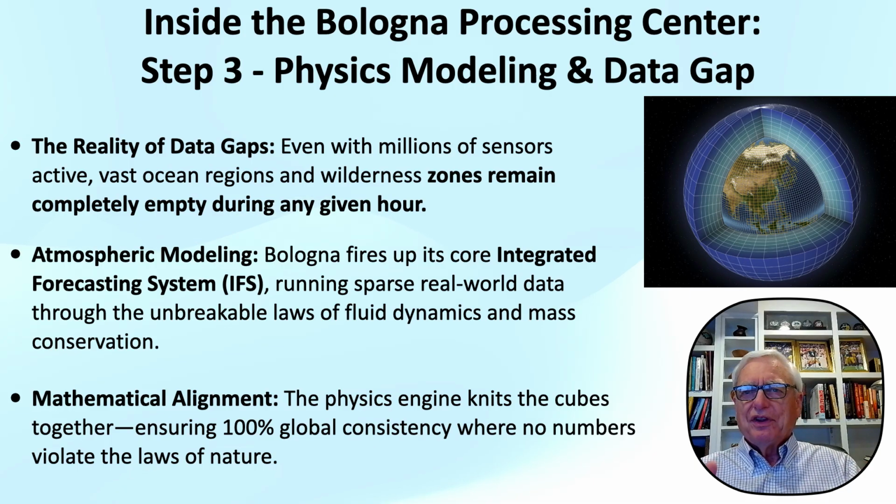When they have missing gaps, they go in using modeling, scientific principles, and other information they have of what happened the last time they had a reading in that cube, and what happens to the cubes around it, and all those kinds of things. And they basically fill the cube in with what they think would be a reasonable number.